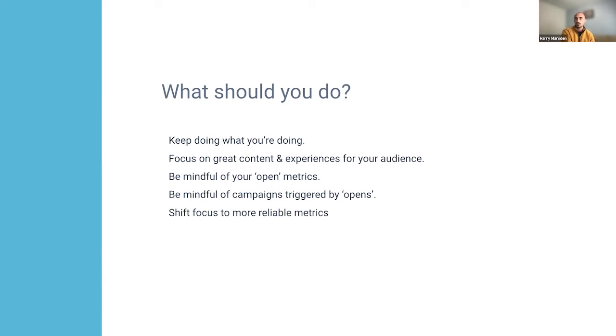And that's where you need to look at things like clicks and landing page interactions and form submissions. And that's the direction that we're heading in as ActivePipe, focusing more on these metrics, so that you can really see if the content you're sending is actually hitting the mark and people are actually engaging with it.